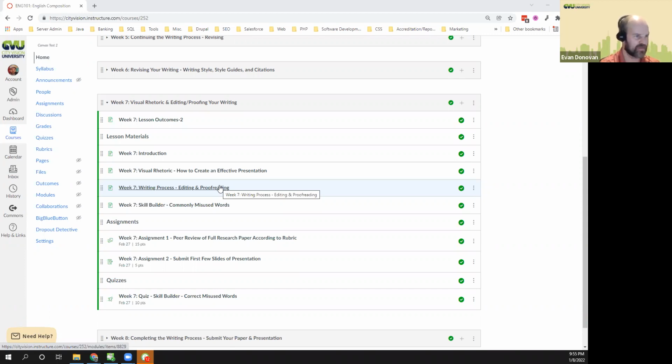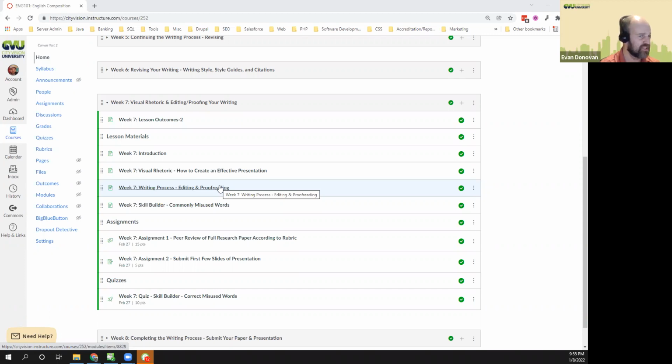You're just going over your paper to make sure that it has the right grammar, spelling, punctuation, and the right formatting for whatever style you're going to be using. So in this case, it's about, in part, making sure your paper is sticking to the City Vision writing standards.